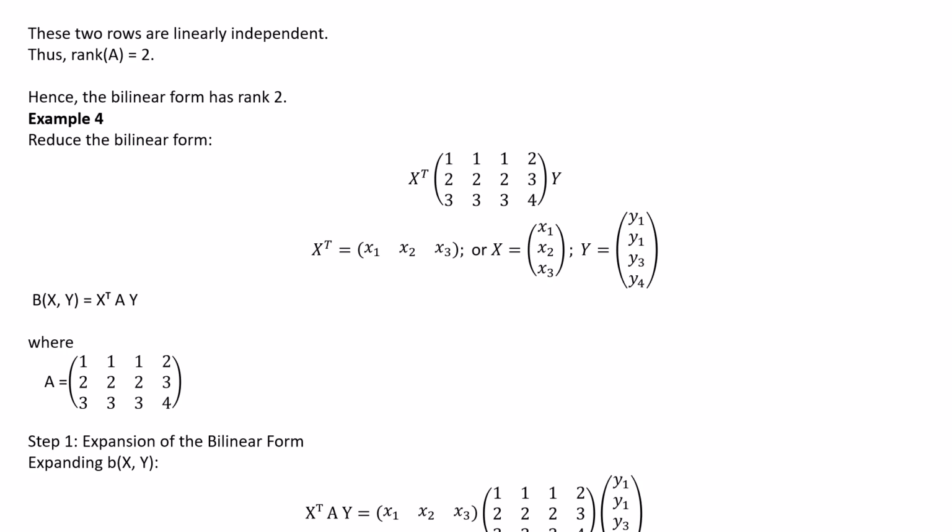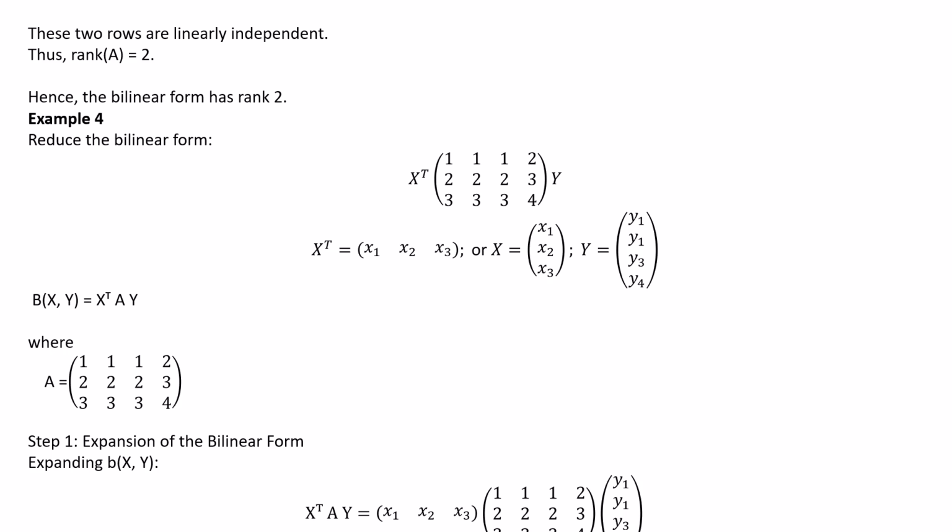So the exercise given to you in your materials: reduce the bilinear form. You have your matrix A with rows 1, 1, 1, 2, then 2, 2, 3, 3, 3, 4.